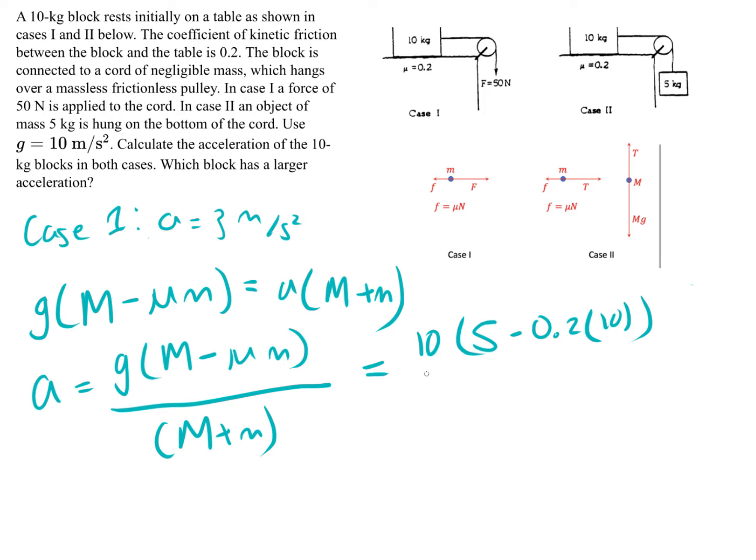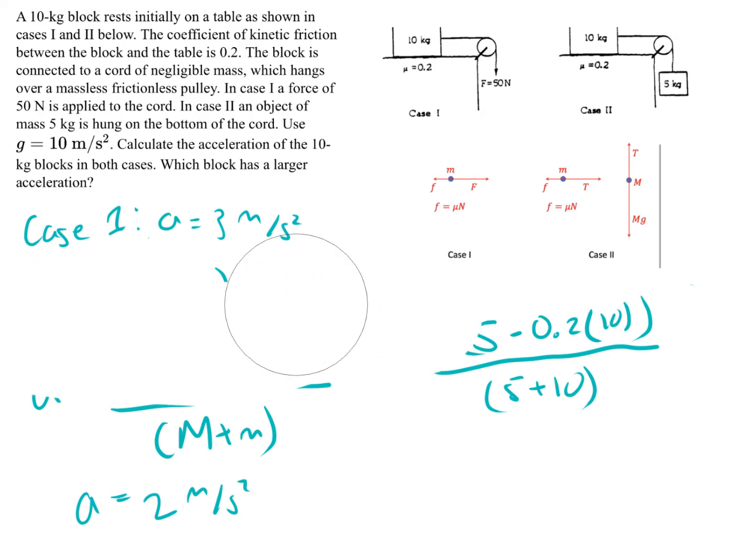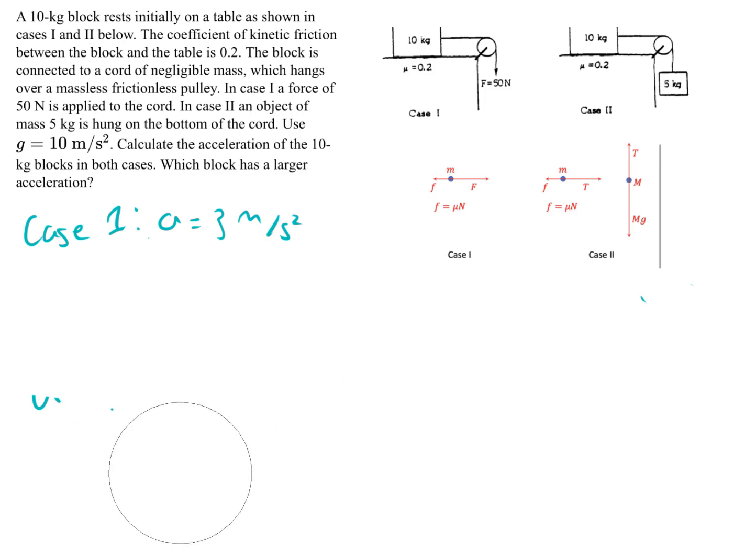And now we're going to divide that by the total of the two masses, which is capital M, or the small mass, plus little m, or the big mass. And now if you simplify this, you should get that the acceleration is 2 meters per second squared. So I'm going to rewrite that up there. So for case 2, the acceleration is equal to 2 meters per second squared.